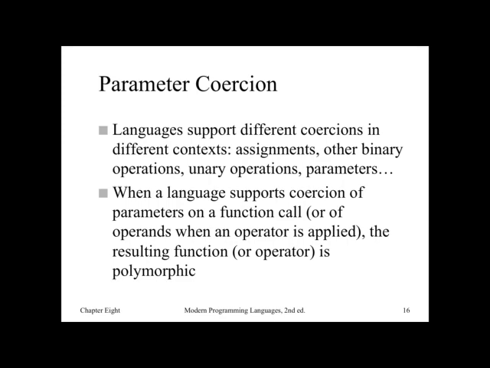And so this part here becomes kind of important, which is that when a language supports coercion of the parameters on a function call, or the operands when an operator is applied, which is really in effect a function call, that resulting function is referred to as a polymorphic function. Because that operator will operate on things of different types without having to say it explicitly.